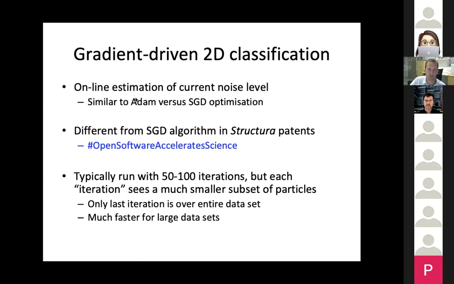the optimization as well. Now, the lawyers at the MRC who had given me previously a very hard time about implementing stochastic gradient descent in previous versions of RELION because of patents from the Structura company, they now are happy with this, and they say it's different enough to not clash with these patents anymore.